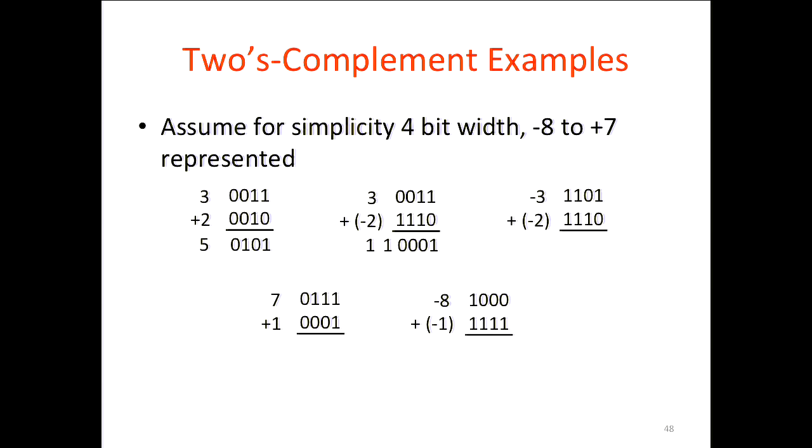Okay, minus 3 and minus 2, again, I'm going to represent both numbers in 2's complement and then just add them. So that will be minus 5. And I, again, ignore this 5th bit that gets produced, the carry out of the summation.